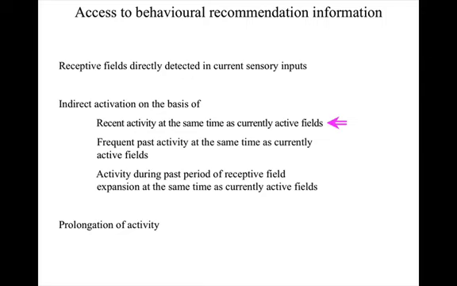So the indirect activation of an inactive receptive field might be justified if it was recently active at the same time as some already active receptive fields, or if it was active on a number of occasions in the past at the same time as the currently active receptive fields, or if it was active during a period of receptive field expansion when the currently active receptive fields were also active.